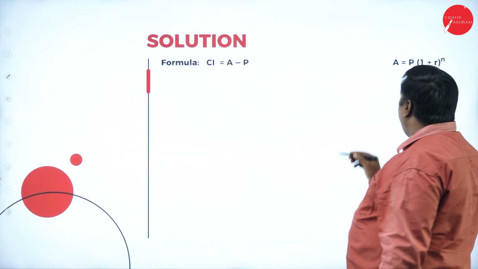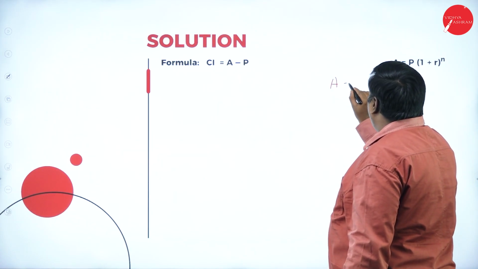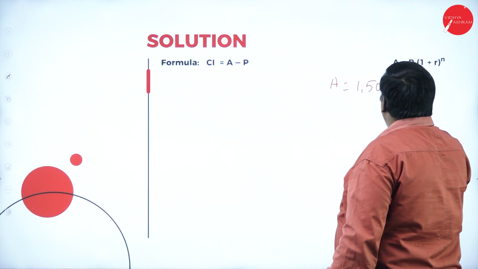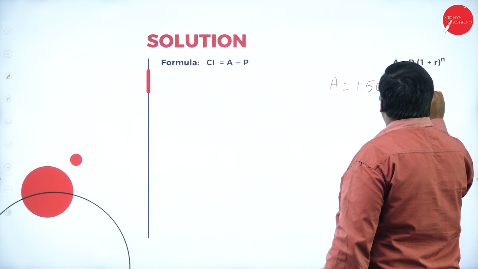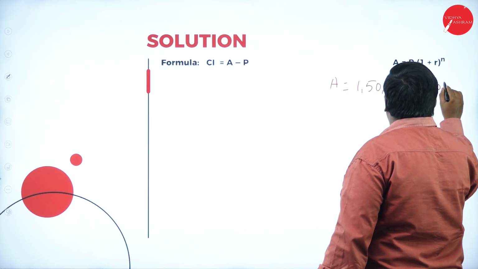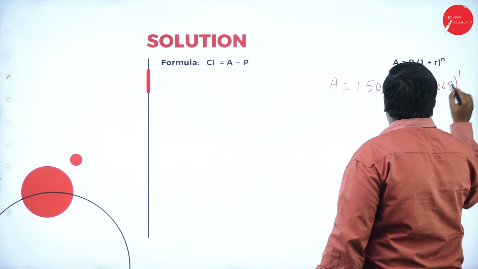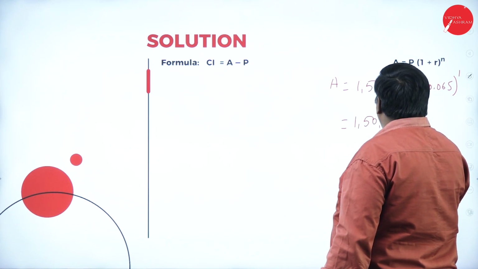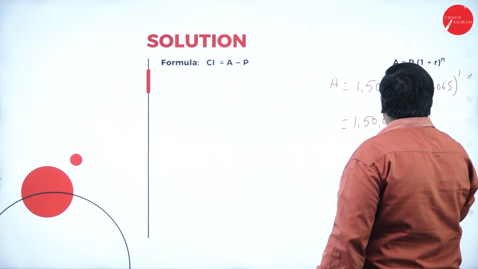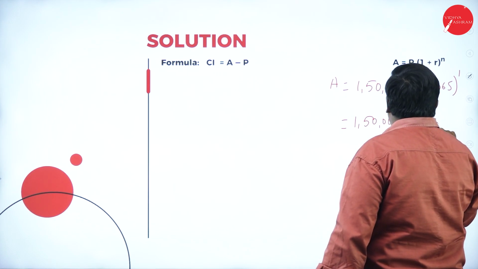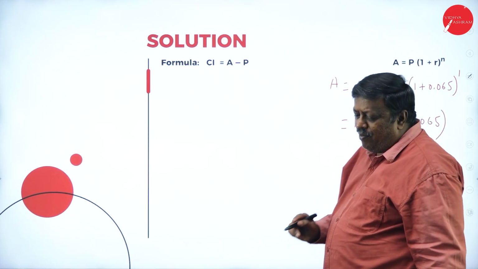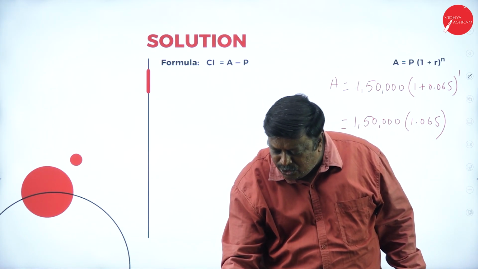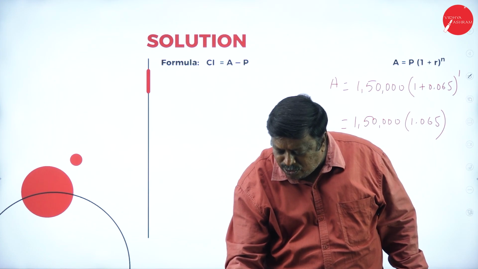So now annuity A equals 1,50,000 into (1 plus 0.065) to the power of 1. 1,50,000 into 1.065.